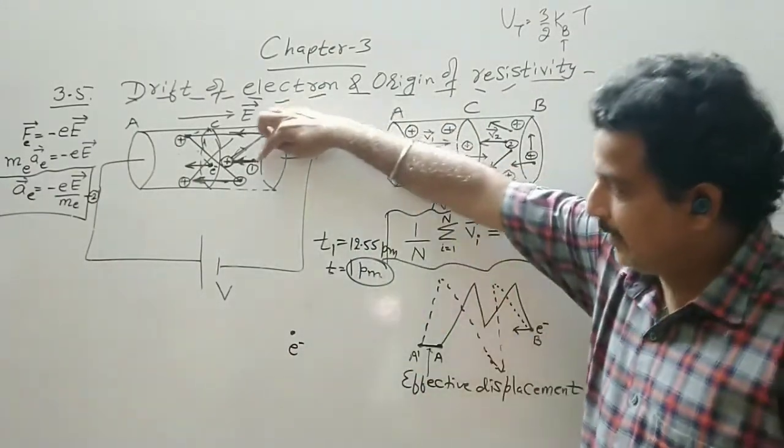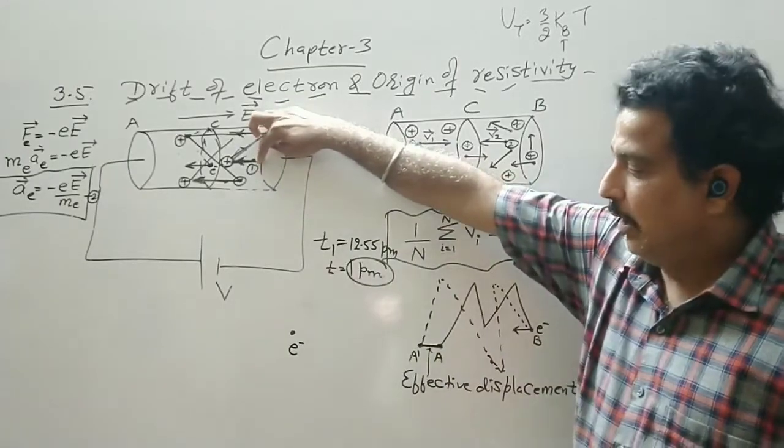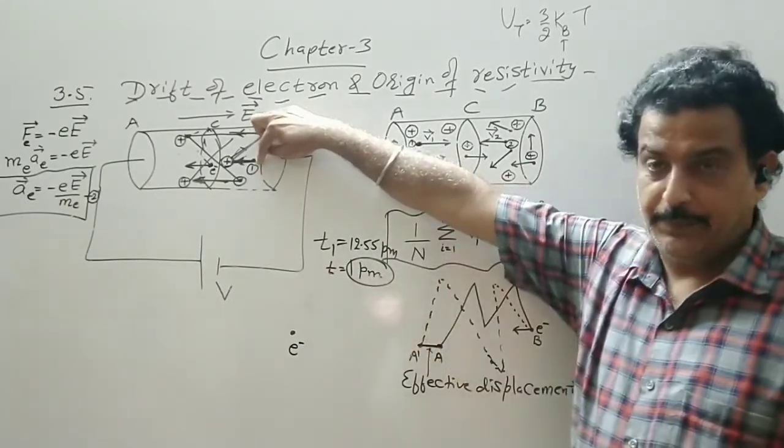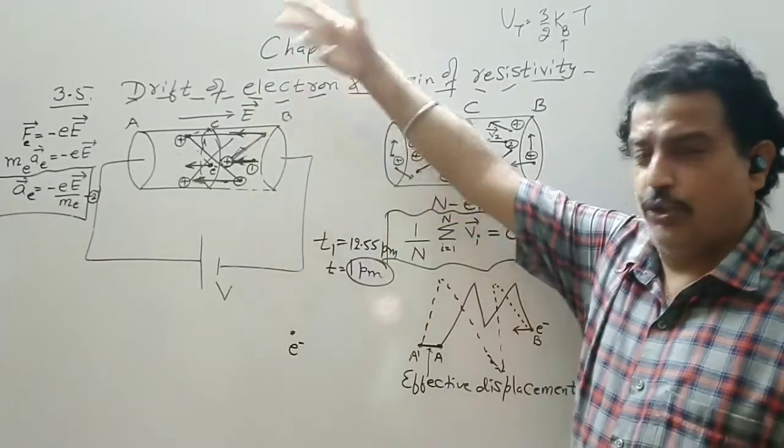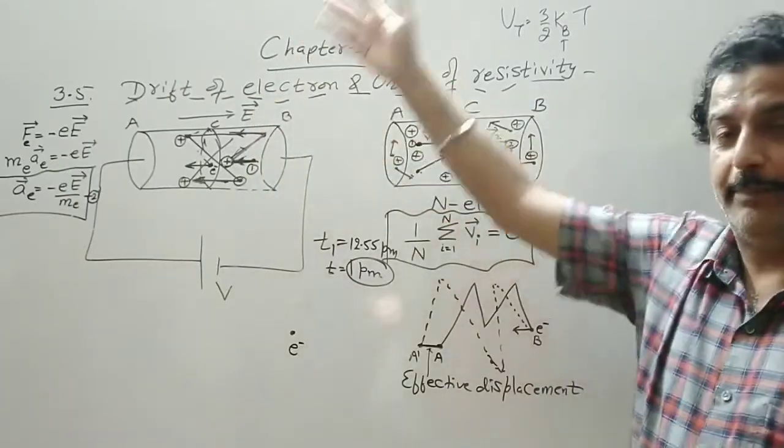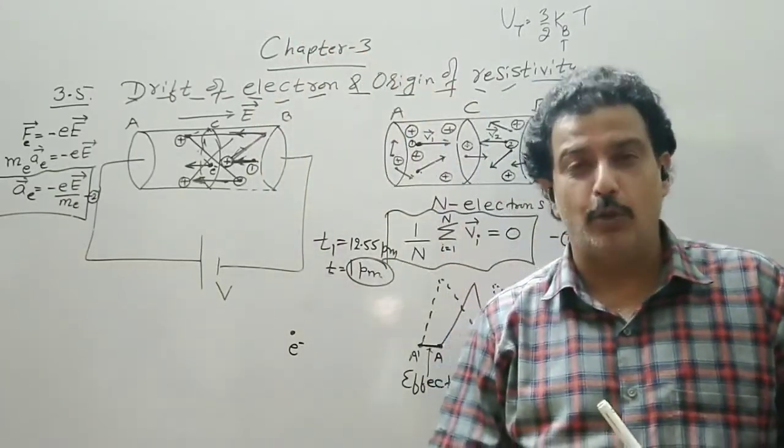So we started observing this electron. हम इसको 1 बजे देख रहे हैं. इसका पहला collision हमारे देखने से पहले 12:55 पे हो गया है.